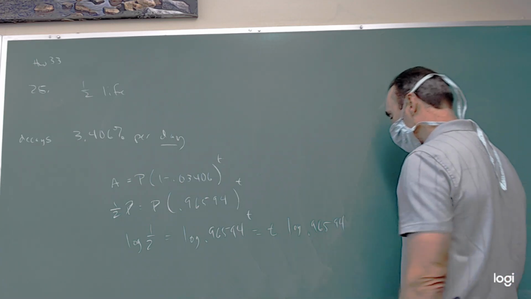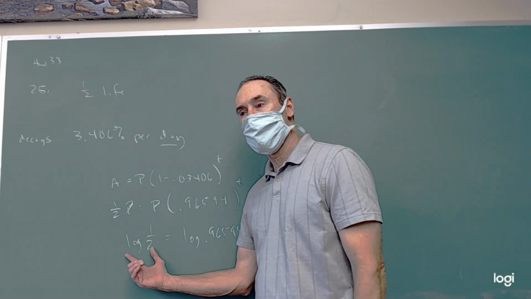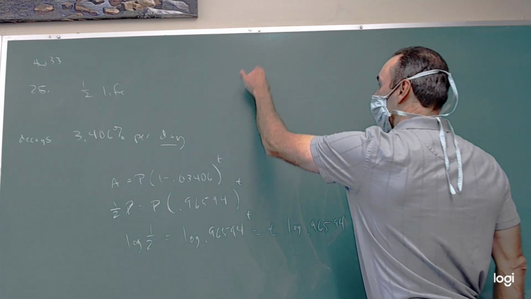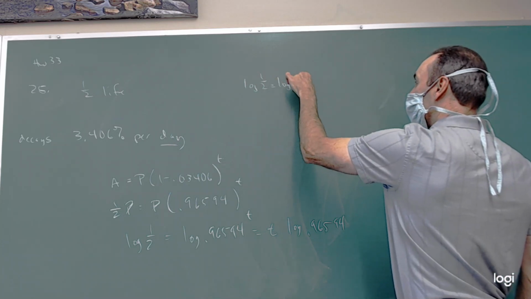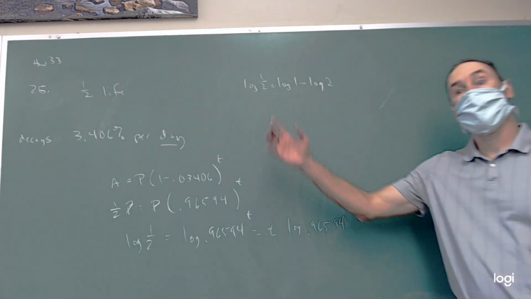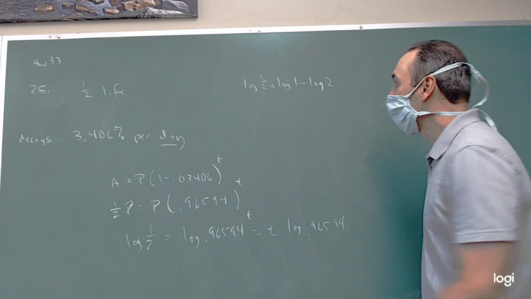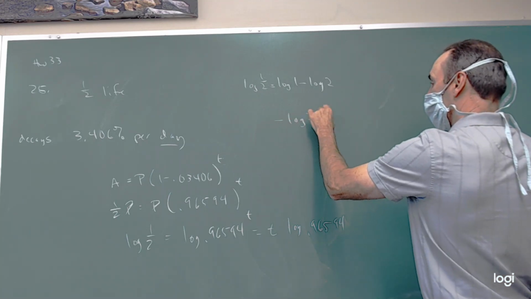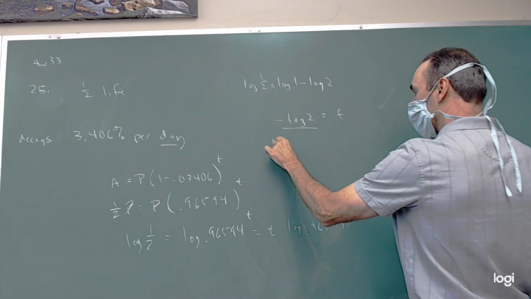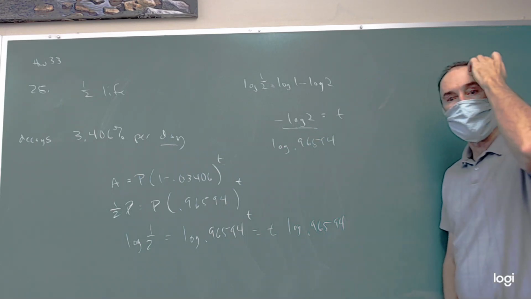And we can go to our calculator here, but I kind of feel compelled as a math teacher to remind you that we do have properties of logarithms, and we can say that the log of 1/2 is the log of 1 minus the log of 2, because that's a property of logarithms, and also we know the log of 1 is 0, and so this is really the negative log of 2 is t, and then we'll just divide this over the log of 0.96594, and then you go to your calculator there.